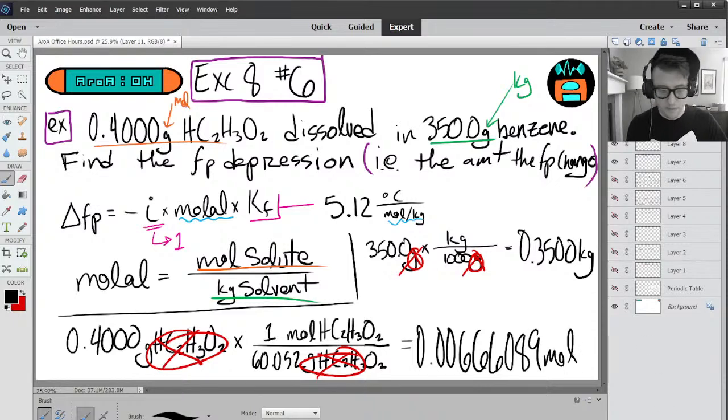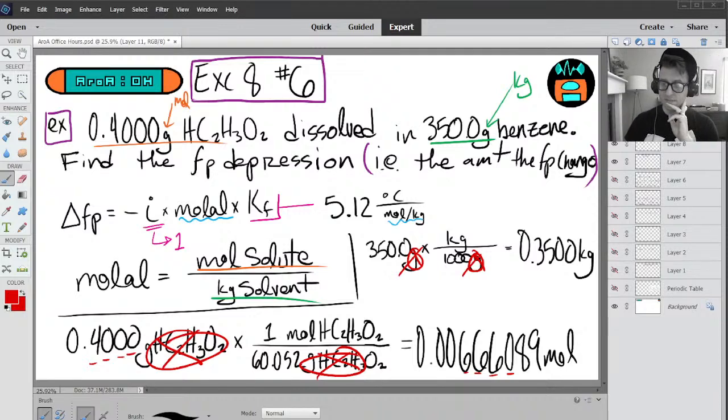We can only keep 1, 2, 3, 4 sig figs. I'm going to wait, of course, to round at the end, because now we can calculate our molality.